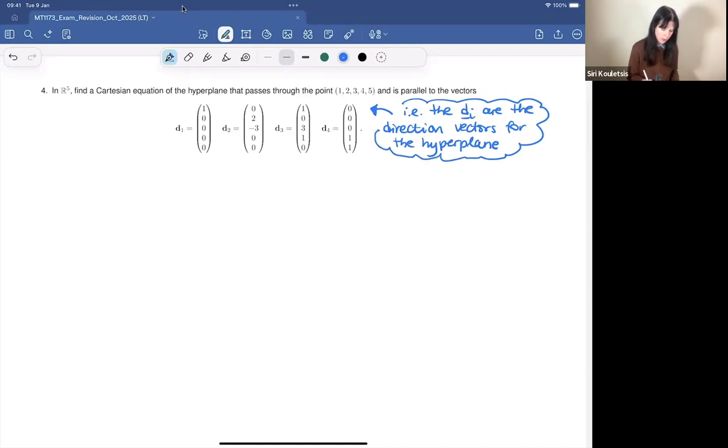Remember that the hyperplane in R5 is a 4-dimensional flat. And so a vector parametric description for the hyperplane will have 4 direction vectors, linearly independent, of course.